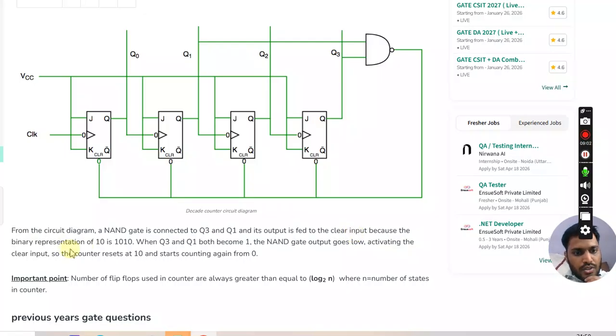because the binary representation of 10 is 1 0 1 0. When both Q3 and Q1 become 1, that is used to make a 0 signal, and that 0 signal is given to the clear, activating the clear input, so that the counter resets at 10.